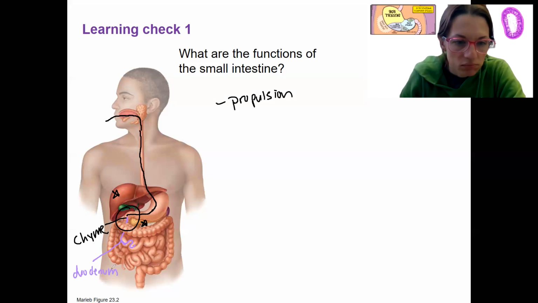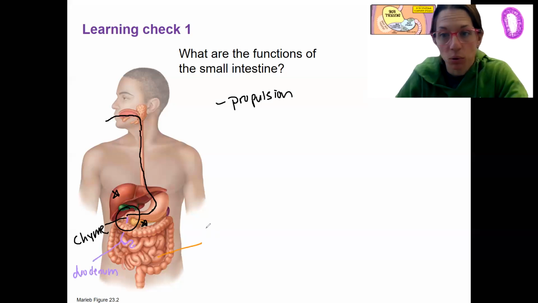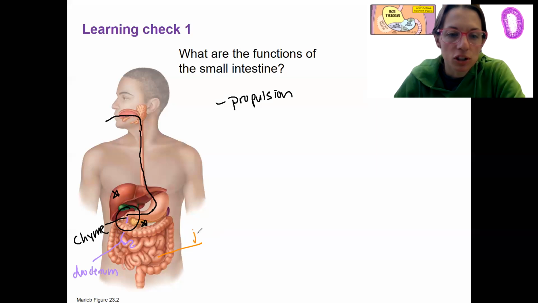Second region, there's a bunch of twirly parts. It's in back, but we can't see all of it. I'm not going to ask you for the locations of transition between the three regions of the intestine. Jejunum. Did I spell that right? Jejunum.